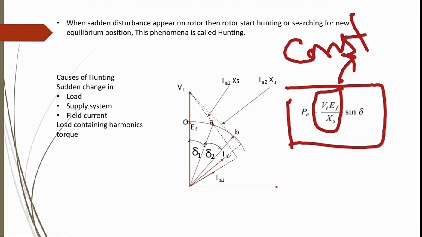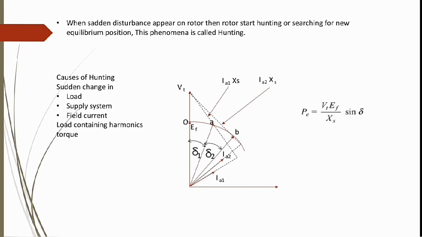From O to A to B, the value of E will be constant, the reactance is also constant, and the terminal voltage is constant. So what is OAB? OAB is the position.